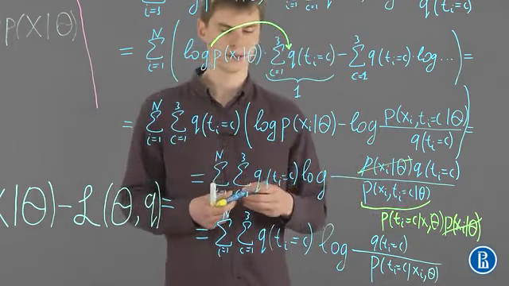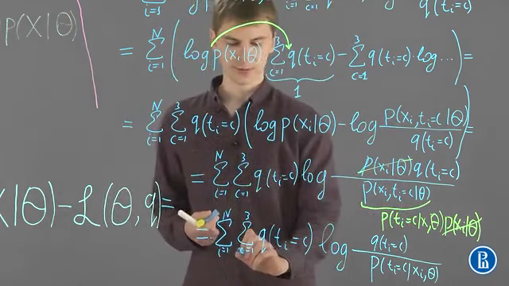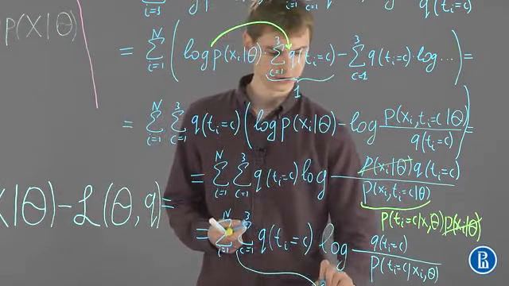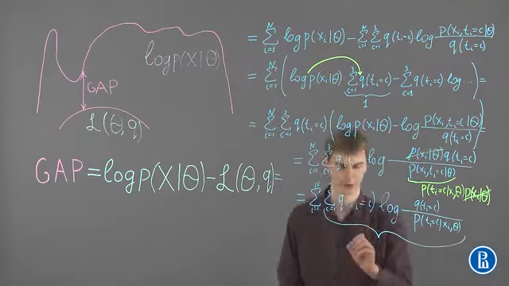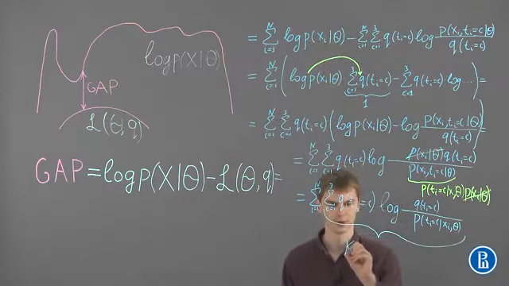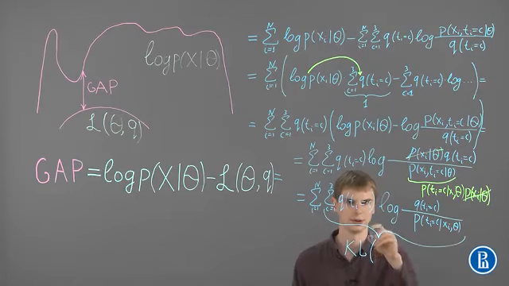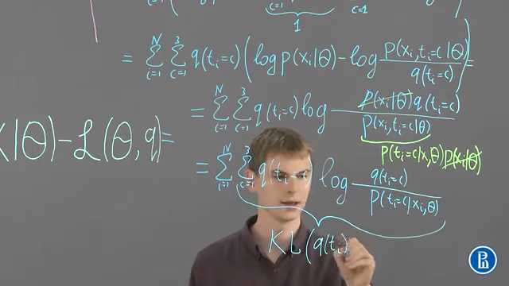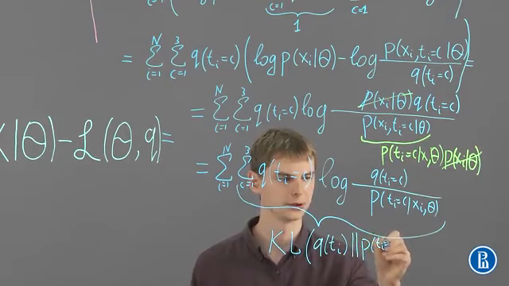So look closer at this final expression. This thing exactly equals the Kullback-Leibler divergence between the two distributions. So this is the KL divergence between Q of Ti and the posterior distribution P of Ti given xi and theta.